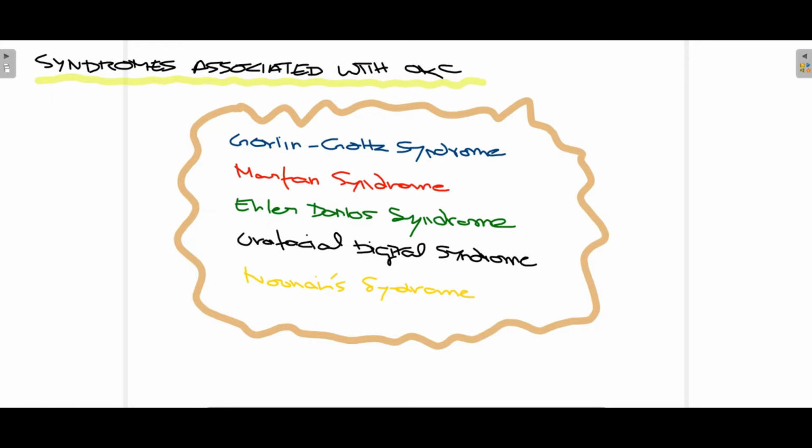Now, certain syndromes that are associated with OKC are Gorlin-Goltz syndrome, Marfan syndrome, Ehlers-Danlos syndrome, orofacial digital syndrome, and Noonan's syndrome. Although these syndromes may be associated with OKC, these syndromes are rare. They are not commonly present in a patient. So when OKC is diagnosed, you may or may not look for features representing these syndromes, because they are rare.